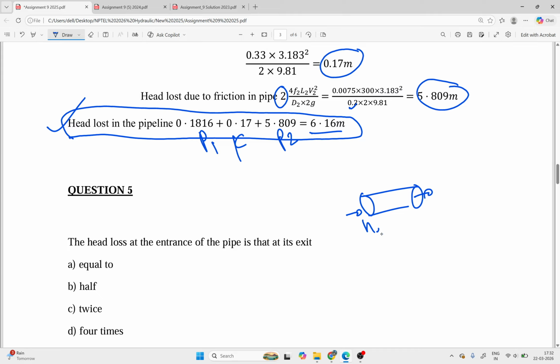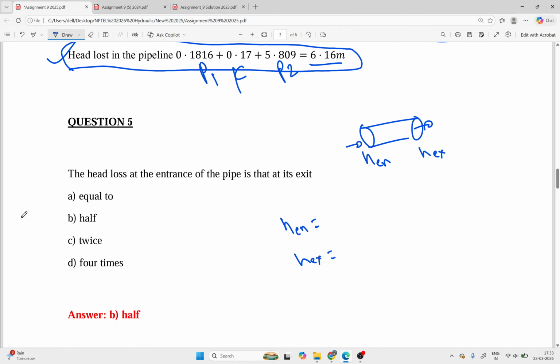So HEN, I'll write here, entrance, or HEX, exit. So how do these two have a relation? Let us write the formula for the entrance. So H entrance and H exit formula. So now I'll show you.